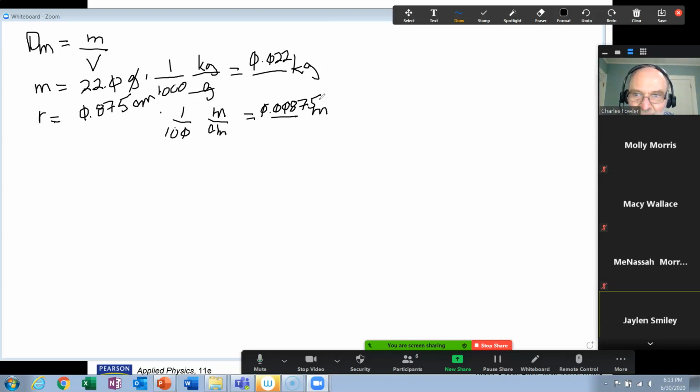Okay, circular would be the area, you might say, but the volume would be a sphere. Not a circle, a sphere.